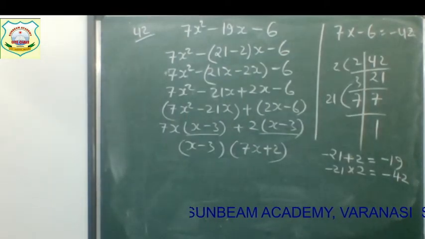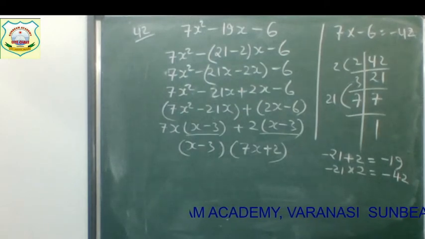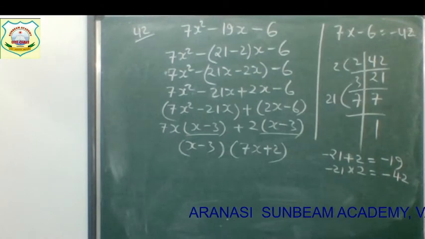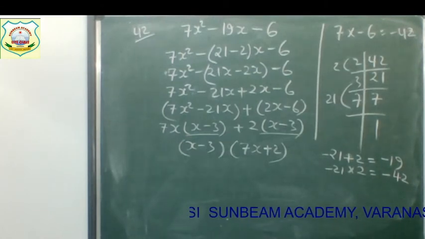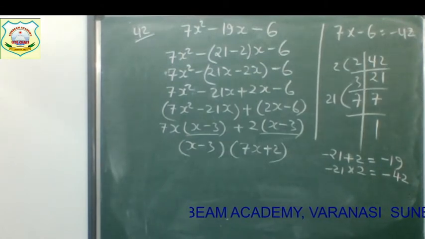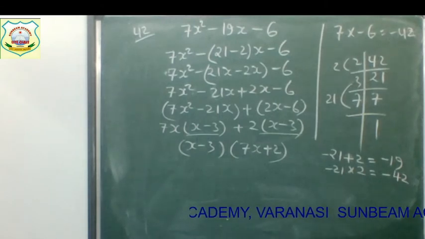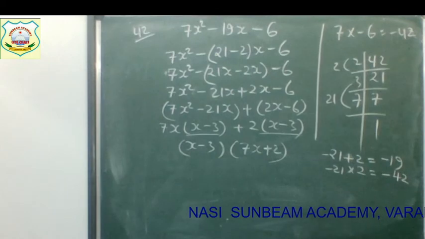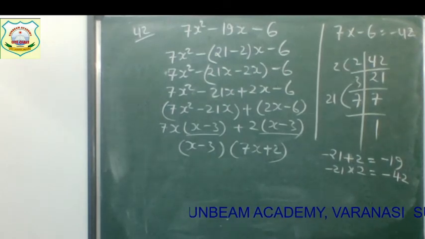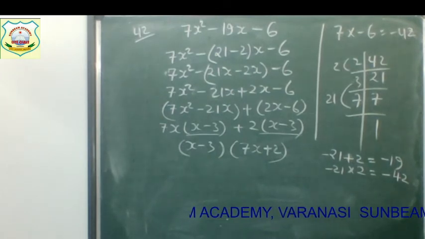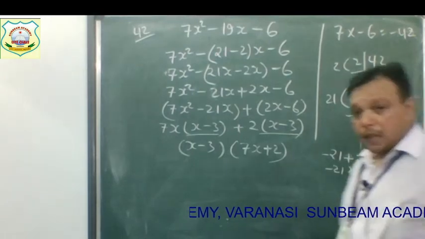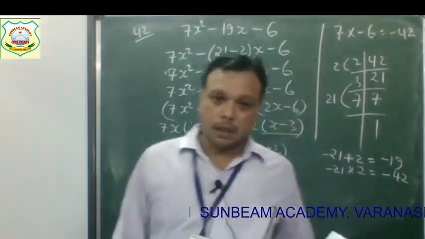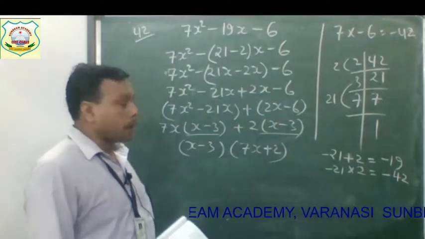Now note it down everyone on your copy. After that, this chapter is completed, students. 7E is a miscellaneous question. 7D is completed. 7E, being miscellaneous, you have to do on your practice copy.